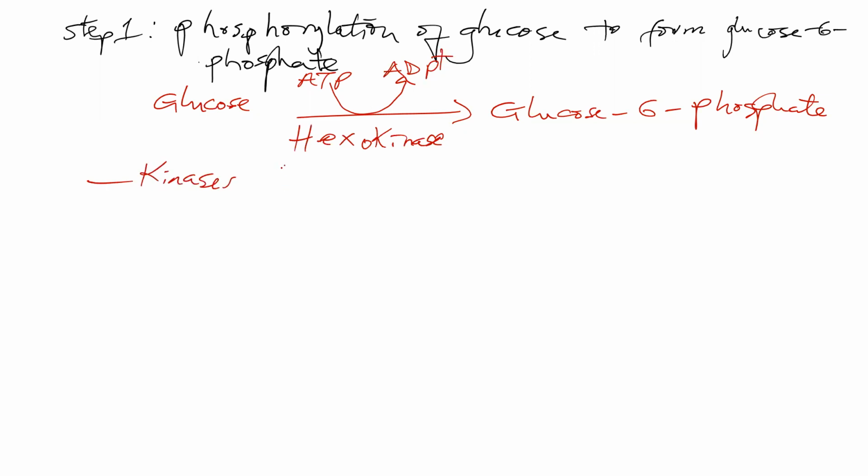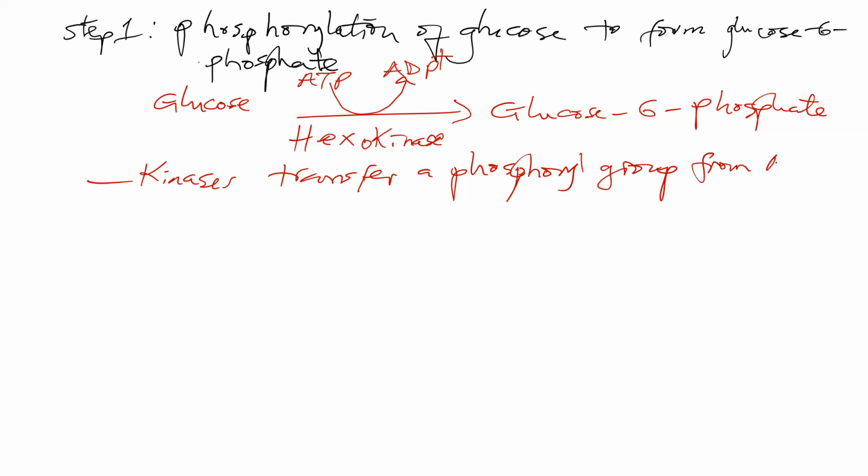Kinases are enzymes that transfer a phosphoryl group from ATP to a receiving compound. So they transfer a phosphoryl group from ATP to another compound, in this case, glucose.